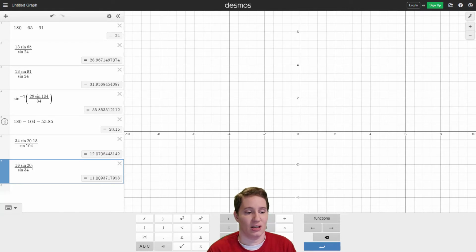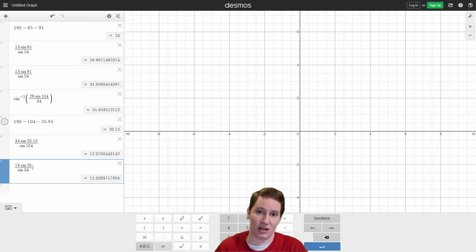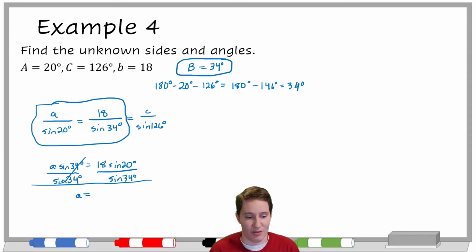But you also can close your parentheses after 20 and use just a normal division sign and then type sine 34. You might take a moment to play around with this if you haven't already to make sure that you can get this answer of 11.01, because you need to be able to replicate that. You need to know how to put it in the calculator yourself. You also, of course, could download Desmos, although if you're out of school, they probably don't want you to use Desmos on tests, so just keep that in mind. So this was 11.01.